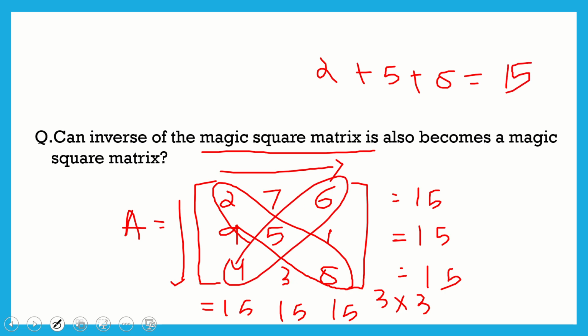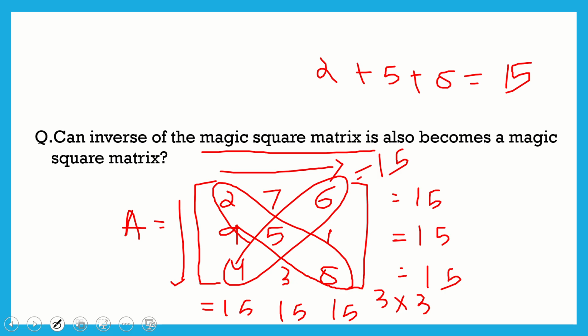And from this other diagonal too, of course this is not a diagonal in the matrix definition, but if you see, it also comes to 15. So this is a magic square matrix. It follows the definition of a matrix, more precisely a square matrix, and it is also a magic square, obeying the definition of a matrix.